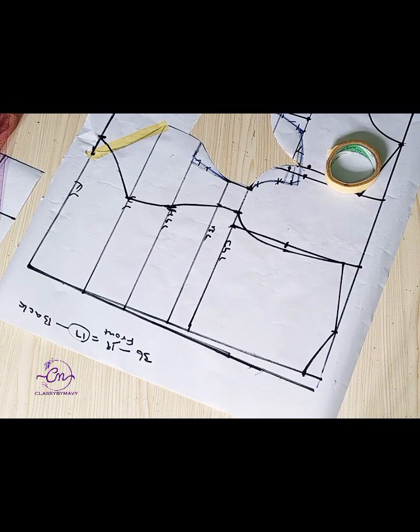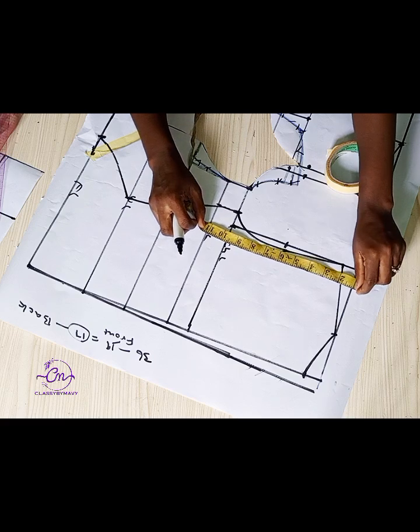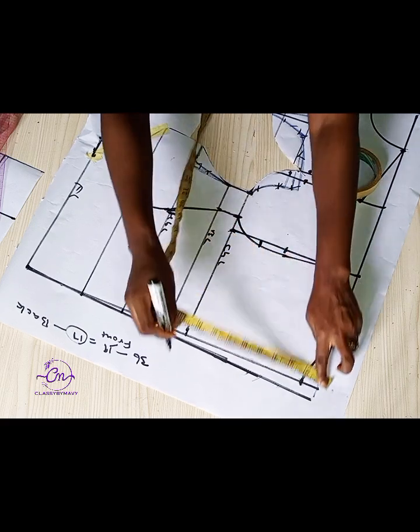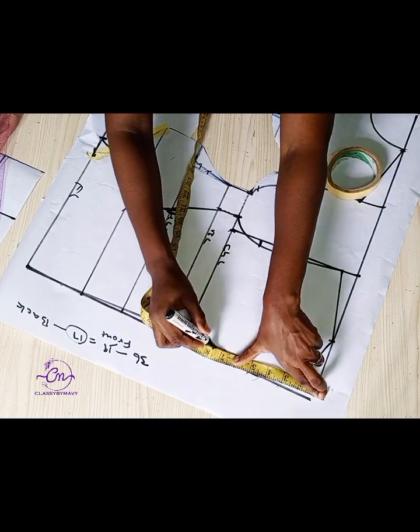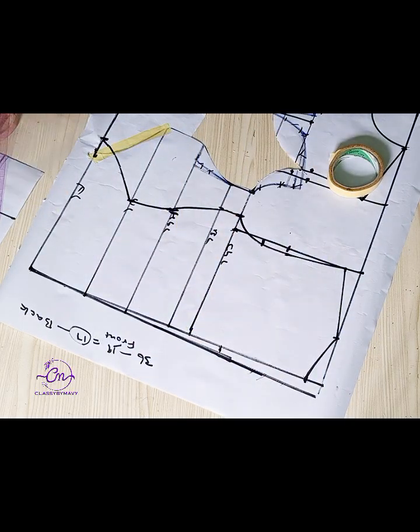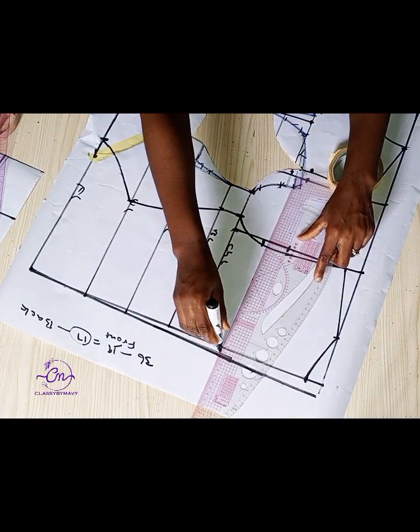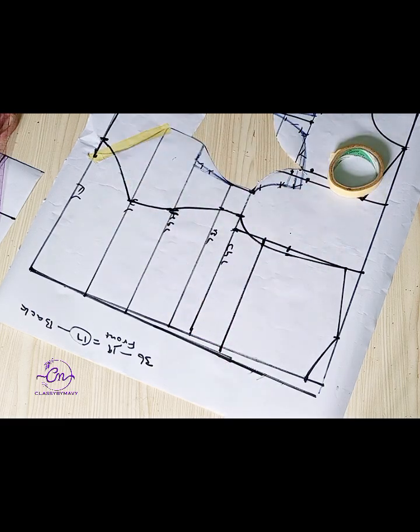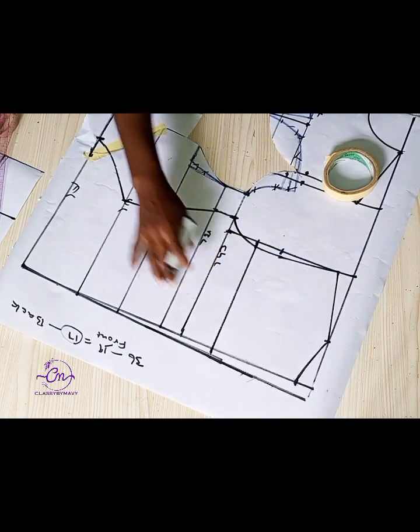So we are here now. The next thing we want to do, we'll insert our shoulder to over bust line, which is 6.5. Now our drafting will come from here.